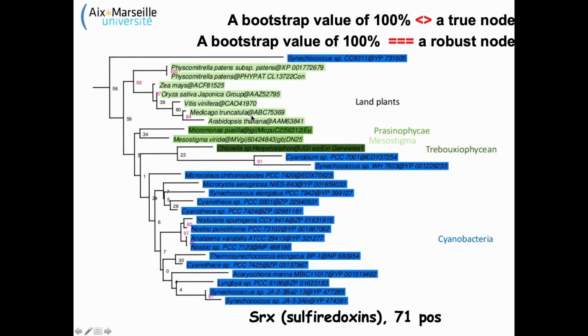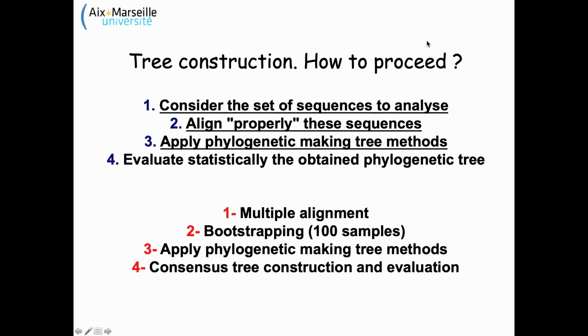Is it okay for everyone? A bootstrap value of 100% doesn't mean that it's a true node, but it means it's a robust node.